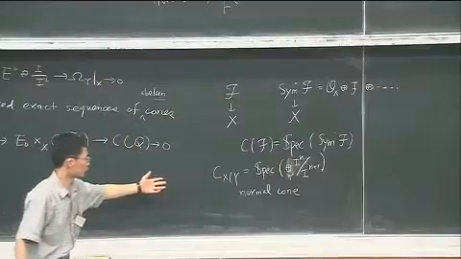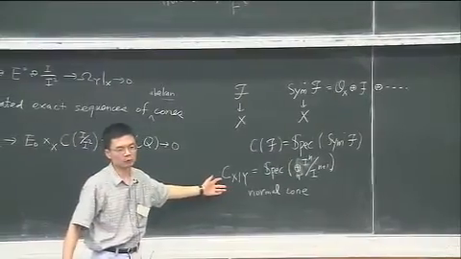This is usually called the normal cone in Fulton's book.